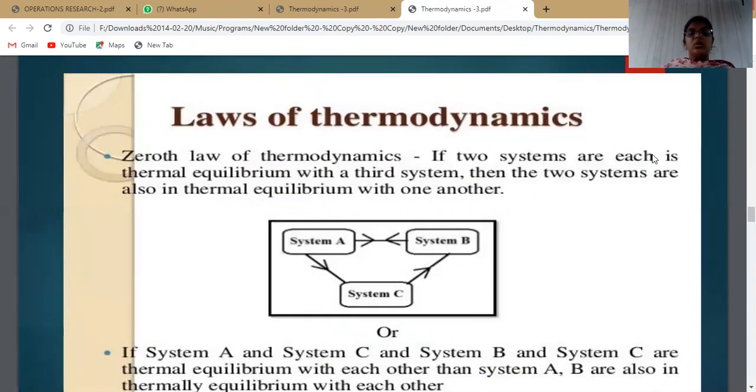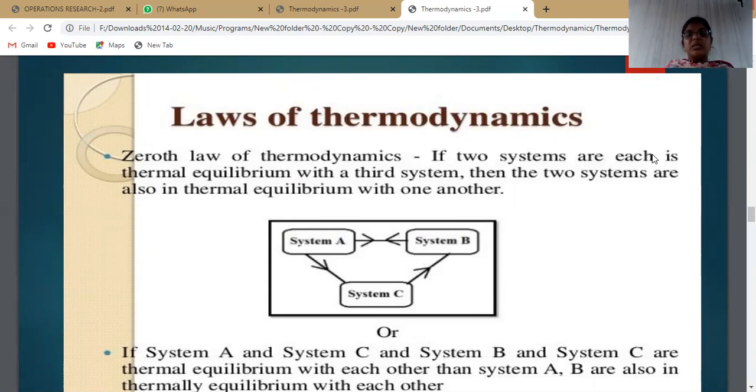In the zeroth law of thermodynamics, we have three systems. If two systems are each in thermal equilibrium with a third system, then the two systems are also in thermal equilibrium with one another.